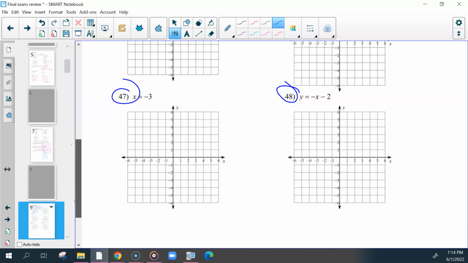Skipping down to 47. This is another horizontal or vertical line. So I'm going to write my whole dots one more time.